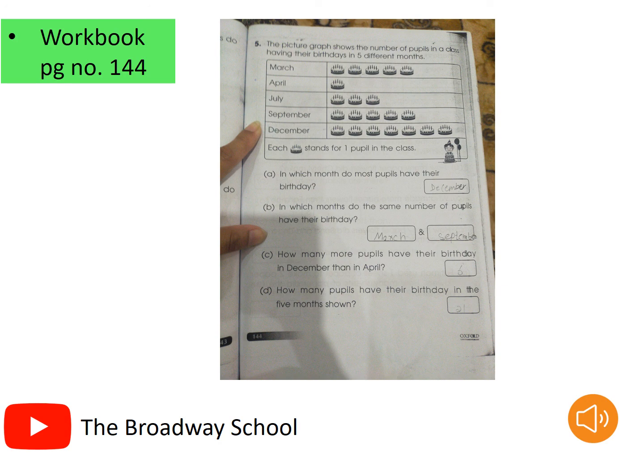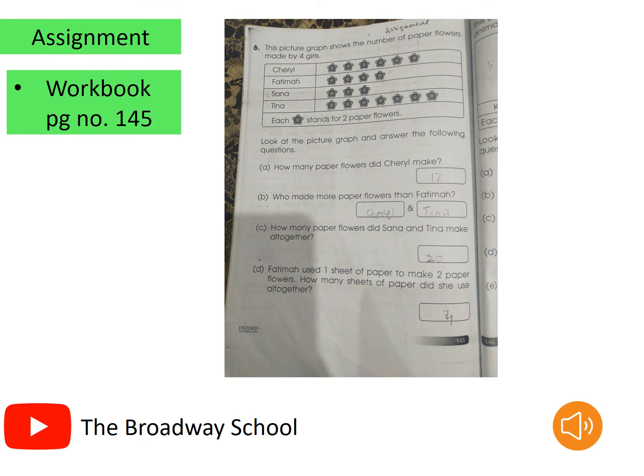Part D, how many people have their birthday in the 5 months shown? You will write over here 21, and you need to count all the cakes, so you will have your exact answer. Now move on to page number 145.